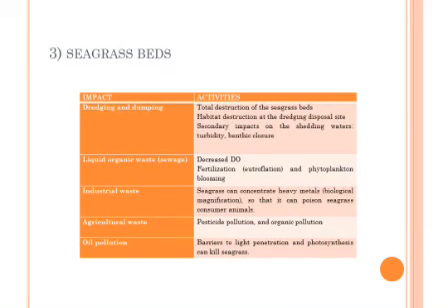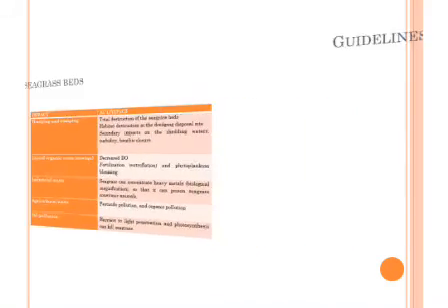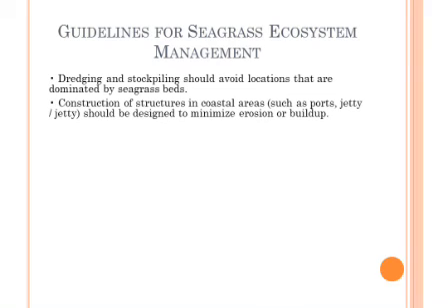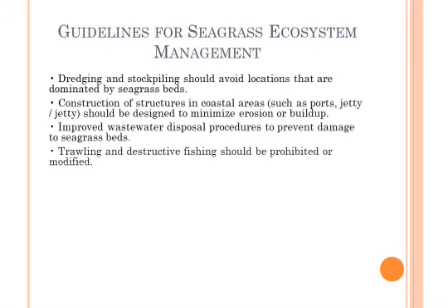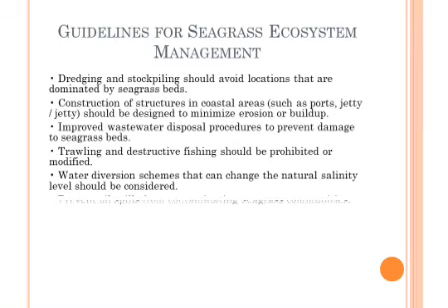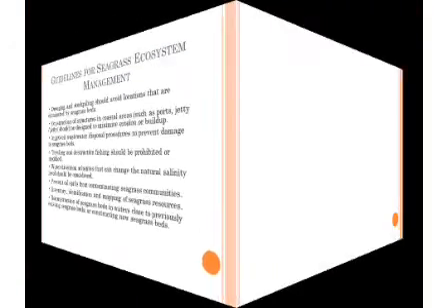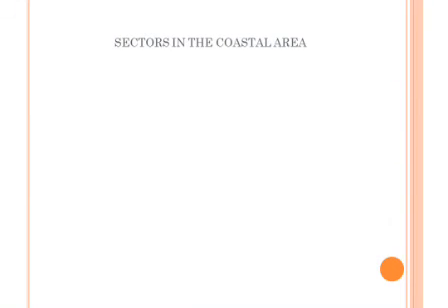Guidelines for coral reef ecosystem management. Use alternative sources of lime construction material, not from coral reefs. Avoid directing runoff upstream toward coral reefs, and undertake measures such as sediment filtering.